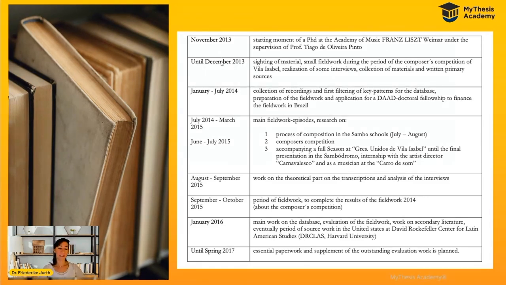Then I provided here, referring to the example that we had before with the upper field, the upper field reserved for the time frame of every episode, separated in months, and the left-hand side for the tasks to complete in one specific episode.